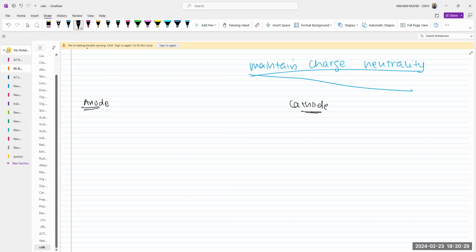At the anode we have zinc, at the cathode we have copper. So anode is Zn giving you Zn2+ and 2 electrons, since zinc is losing 2 electrons to become a zinc ion, aqueous. Then for the cathode, Cu2+ gaining 2 electrons to become copper metal.